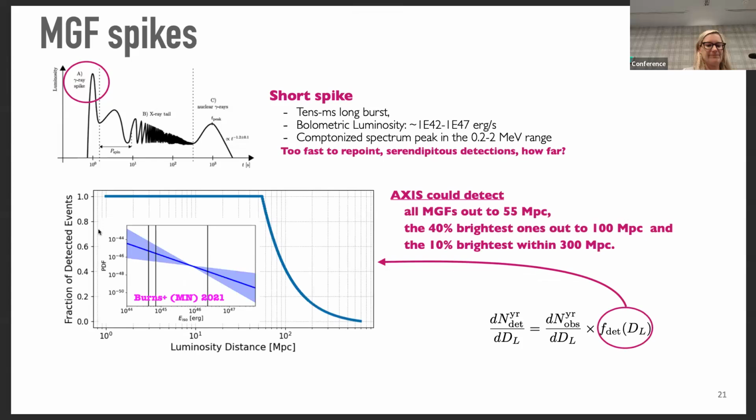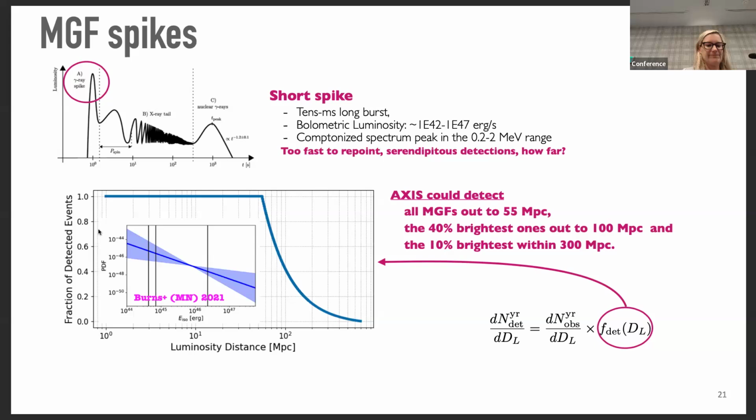And this is the exercise. And basically, it tells us that AXIS could detect magnetar giant flares out to 55 megaparsec, basically all of them. Only the 40% brightest ones out to 100 megaparsec, and only 10% brightest within 300 megaparsec. And then basically you detect only the very brightest ones. So the rate of them is low.